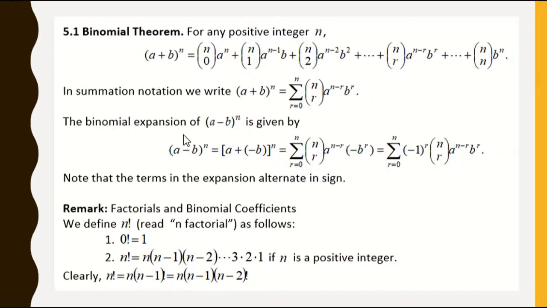The binomial expansion of (a - b)^n is given by (a - b)^n is equal to (a + (-b))^n, which is equal to the sum of n taken r at a time times a^(n-r) times (-b)^r from 0 to n, which is also equal to the sum of (-1)^r times n taken r at a time times a^(n-r) times b^r from 0 up to n.